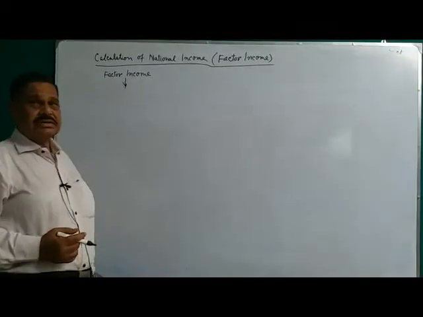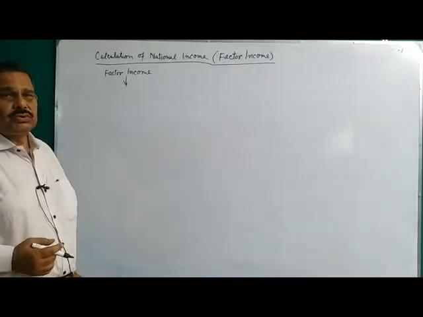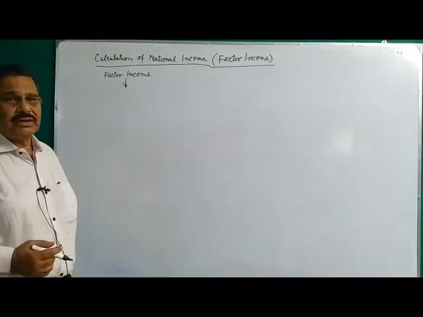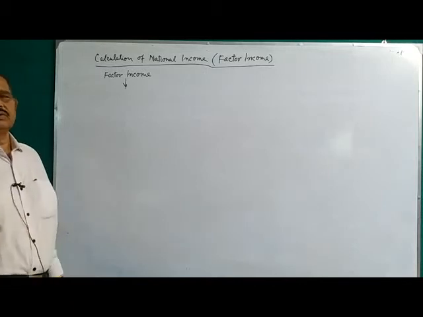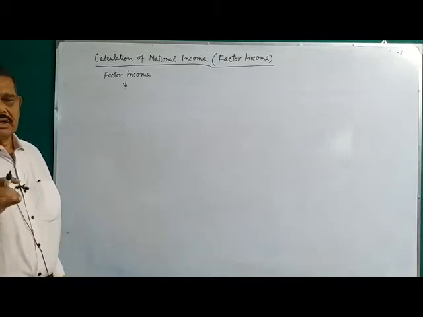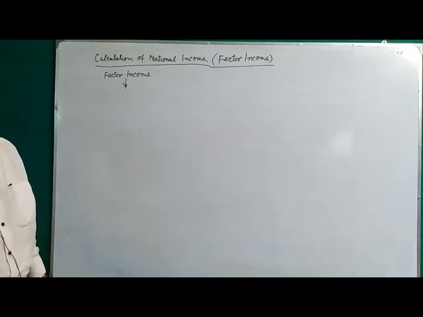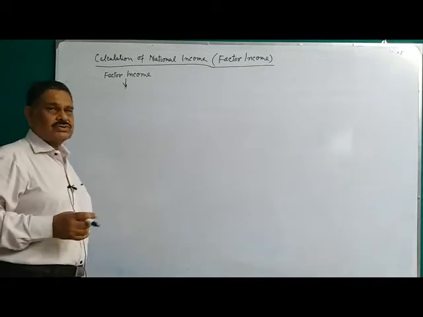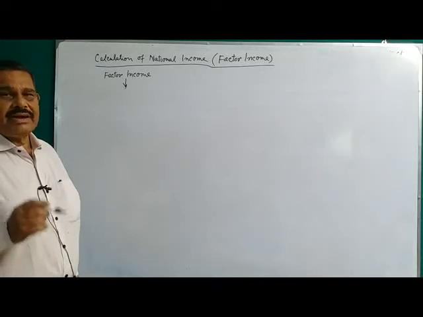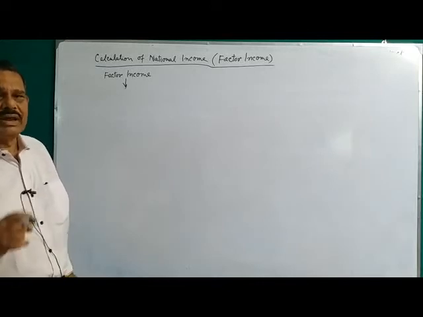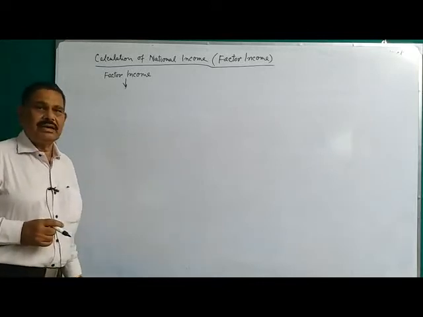Today I will start to describe how to calculate national income. I have already told you some items which are to be included or excluded. Now, today I will give you some ideas on how to calculate national income by the income method.